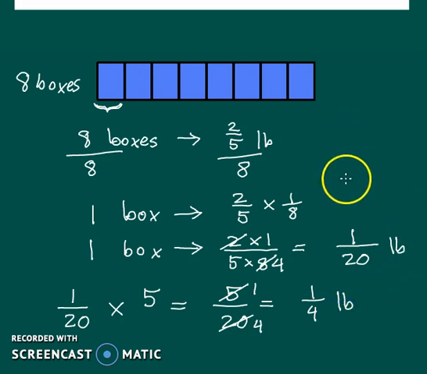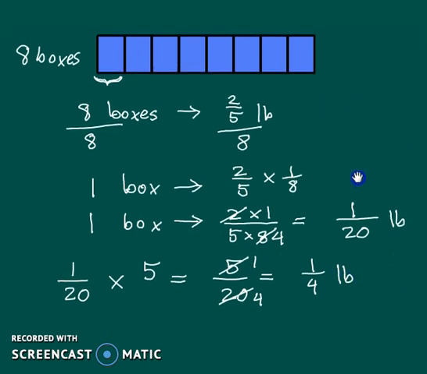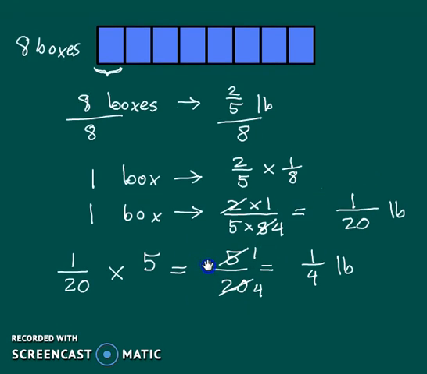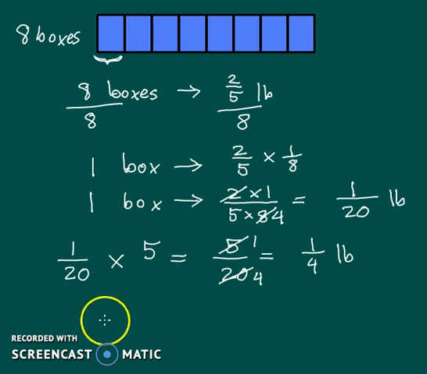And another way we could have thought of this, instead of finding out first of all how much one box weighed, we could have said, okay, we know that 8 boxes weigh 2/5 of a pound. So 2/5 of a pound is the weight of 8 boxes. And here I've got 8 units representing those 8 boxes.